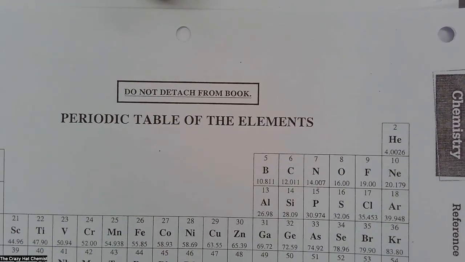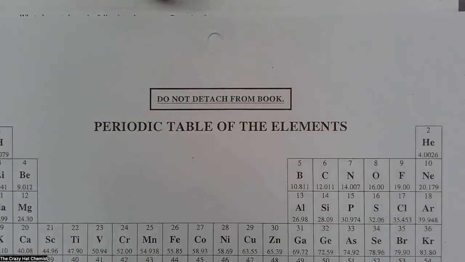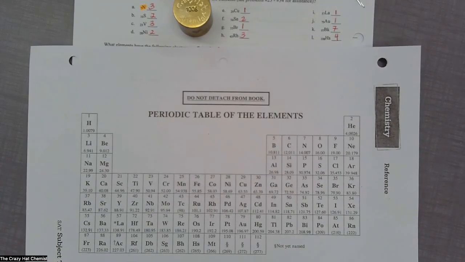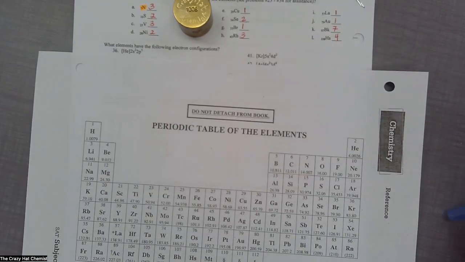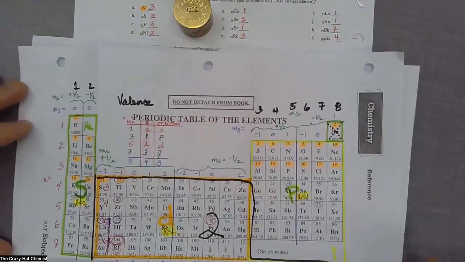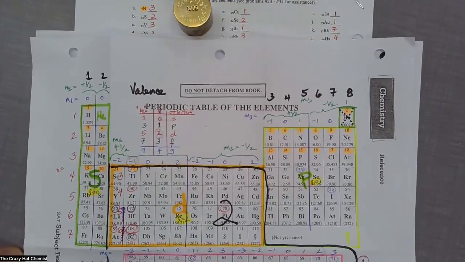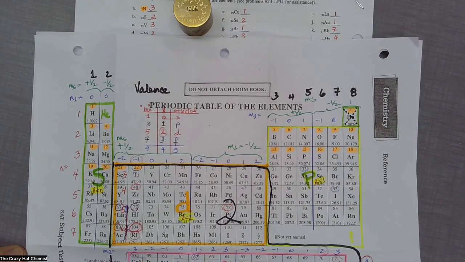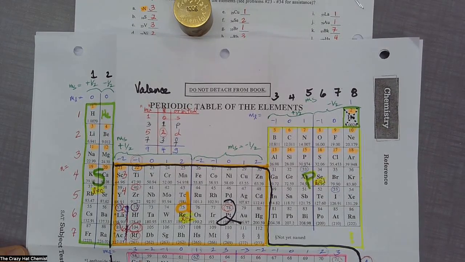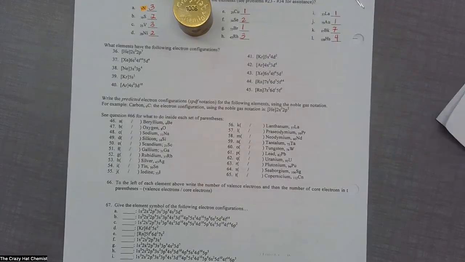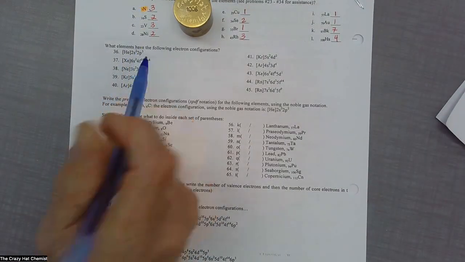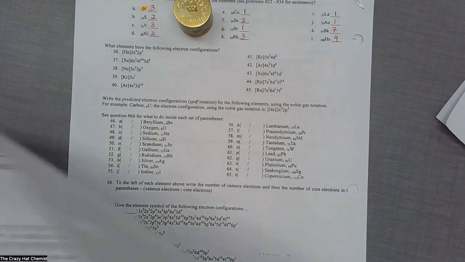Here's our periodic table. We have been using this format frequently, and we'll just keep on using this one. Our first electron configuration is helium 2s2, 2p3.